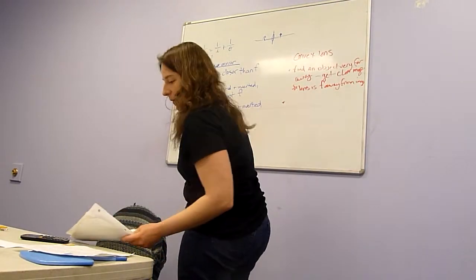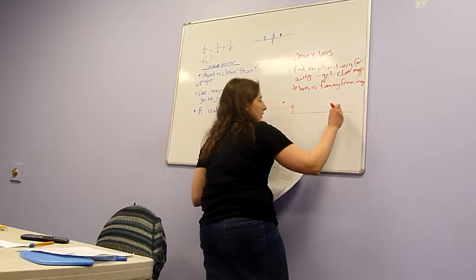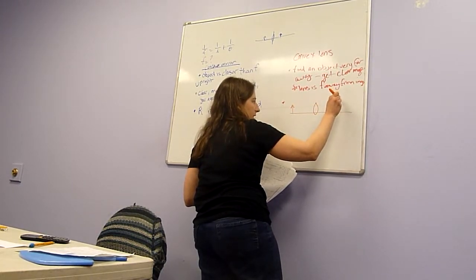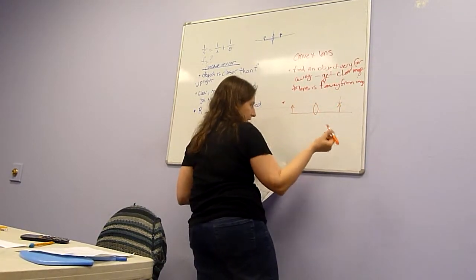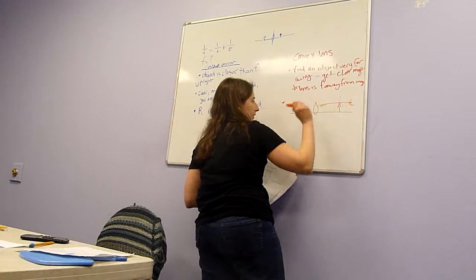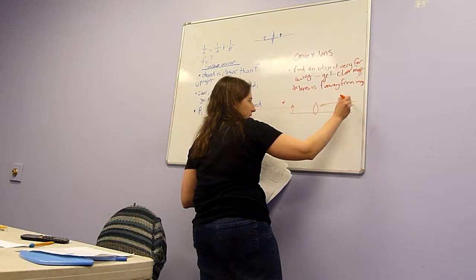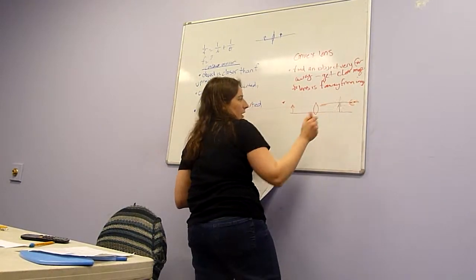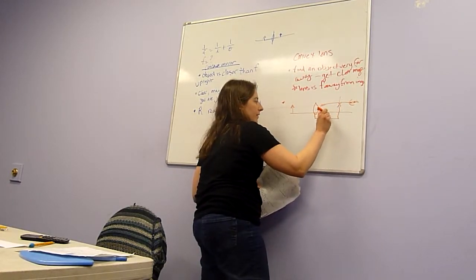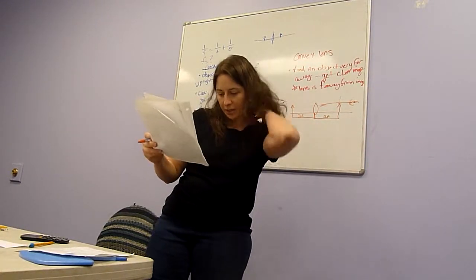So I want you guys to try to build that where you have your object and another object and you have a lens, and then when you see this right on top of it, when you're looking here, your eyeball is looking through the lens there, and you see that, that's a terrible eyeball. And this is 2F, and this is 2F. So I want you guys to try that.